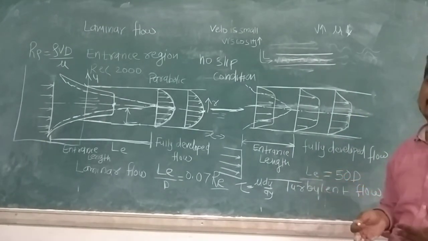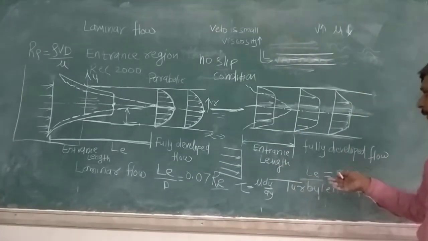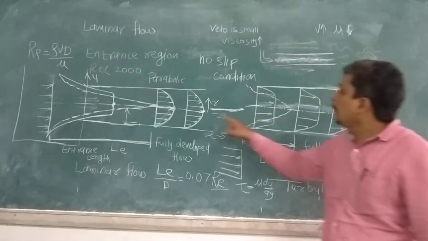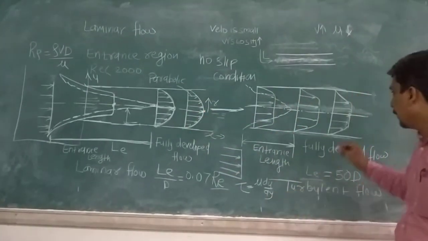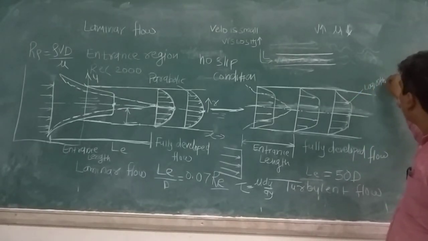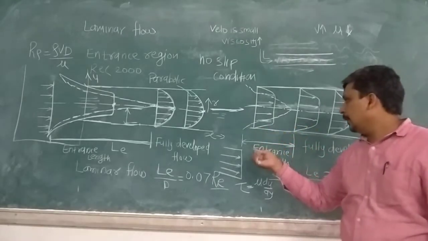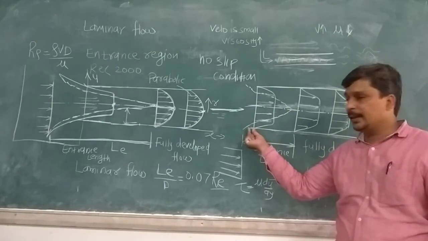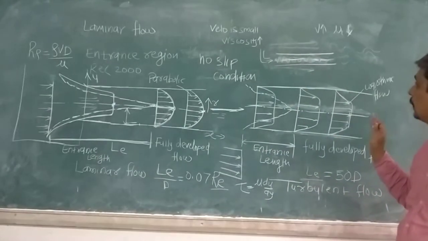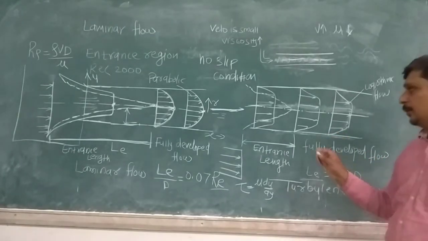Velocity fluctuations are there. If you find the entrance length, here is the parabolic shape in laminar flow, and here it is a logarithmic profile. In this case, the laminar flow region exists up to a certain region, and because of the higher velocities and lower viscosity, the momentum transfer is more.